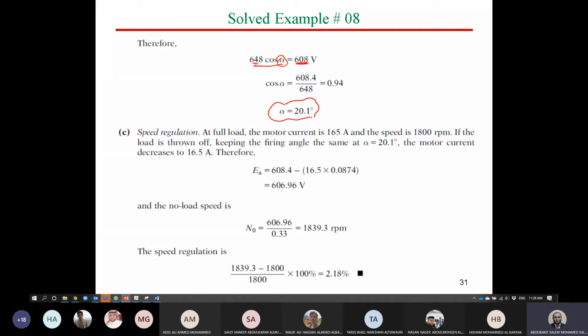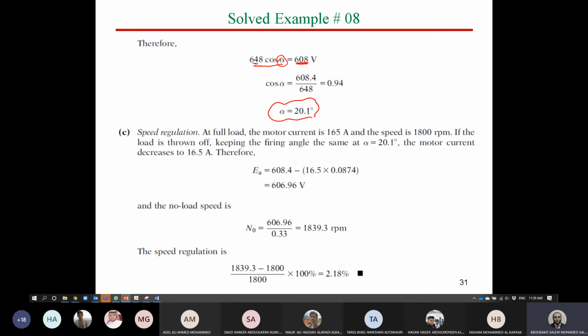You have to check your solution. Now the value of alpha is 20 degrees. You can compare now between the voltage at 20 and 0 or 30. Now the voltage should be in between 0 and 30. At 20 degrees, the volt is 608.